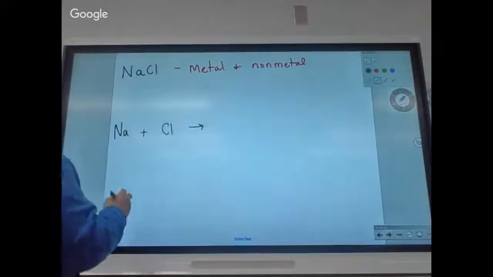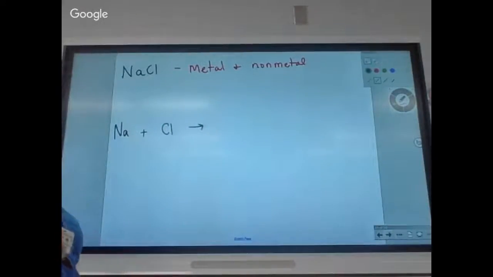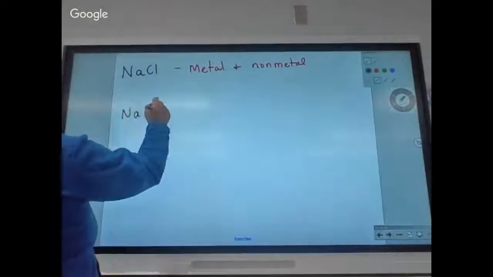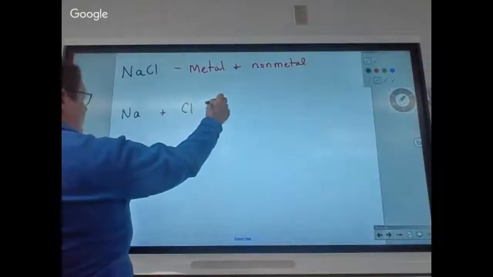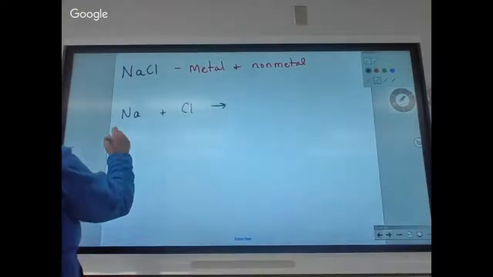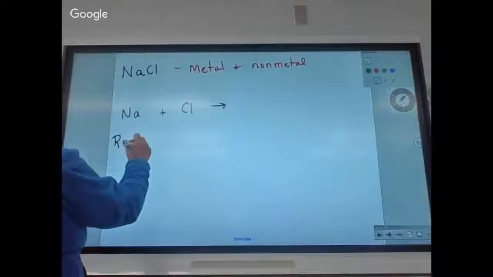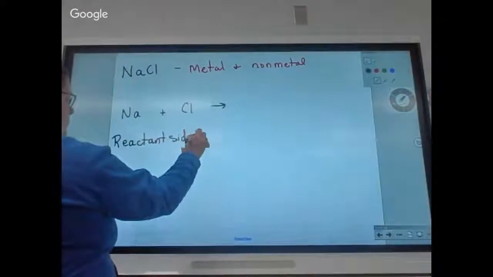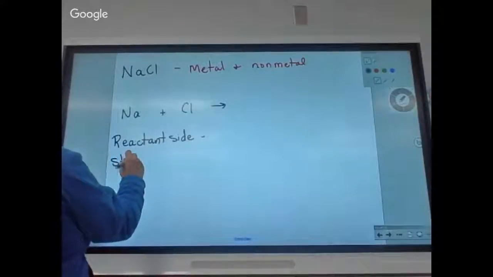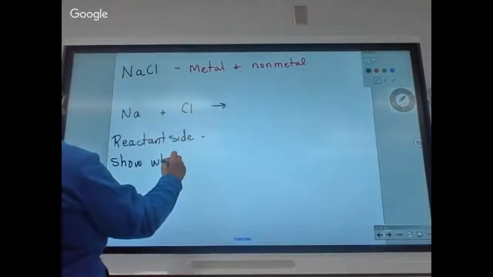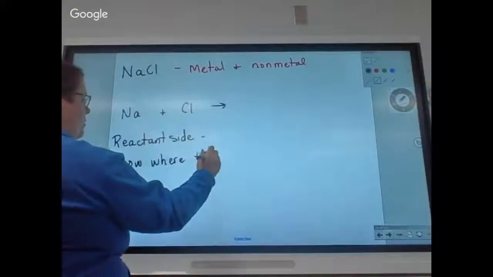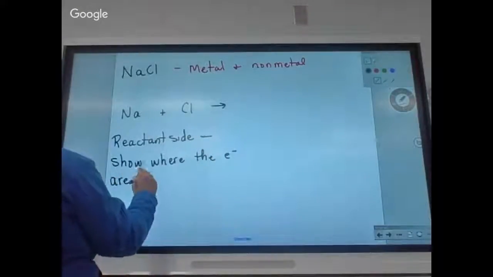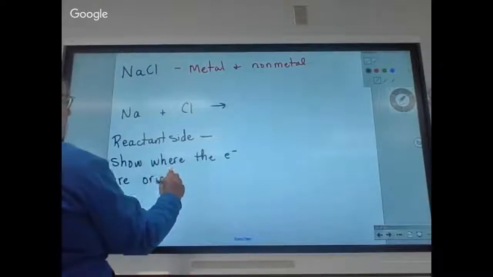Now, when we do this, let me move that up a little bit. On the reactant side, we show where the electrons are originally.